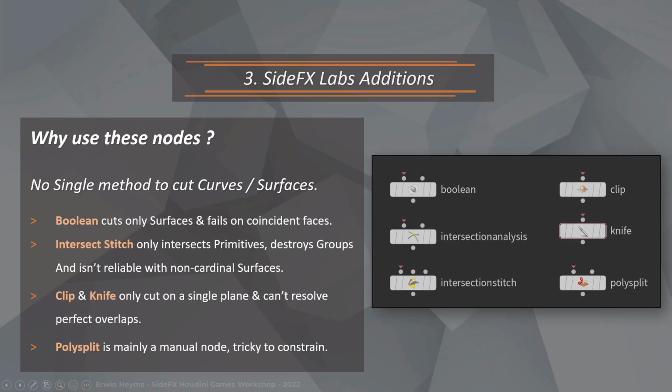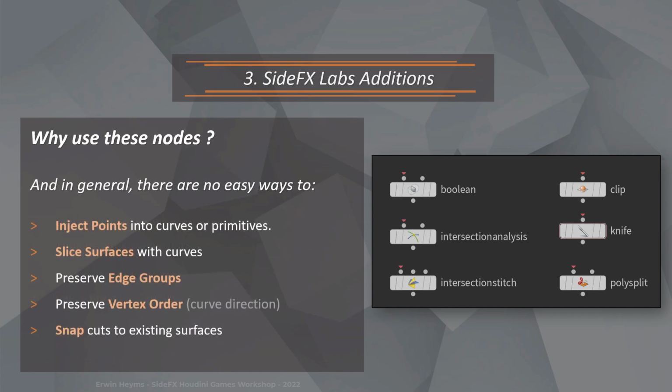And then next, when it comes to cutting curves, so not just using a poly cut on a point to cut at that point, but maybe we actually want to inject a new point on an edge where there's no point, right? There is no easy way to take a point and place it on top of a surface and then just inject it into, say, the edges of that surface. There's no standalone node that does it for us.